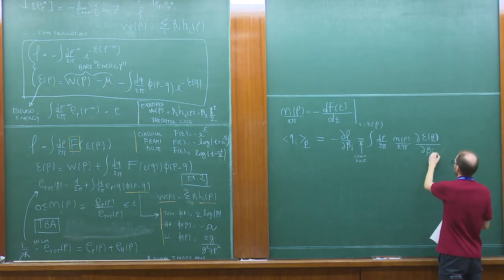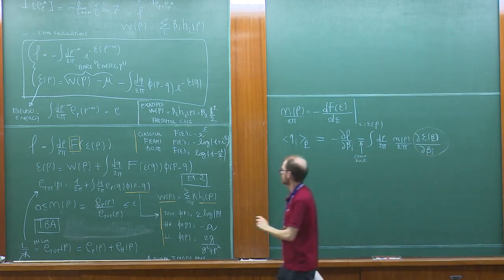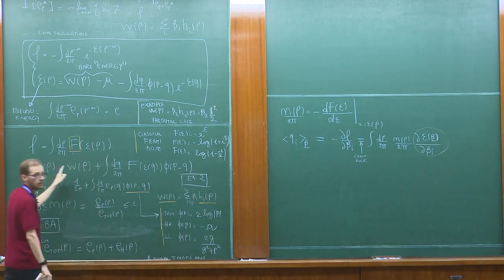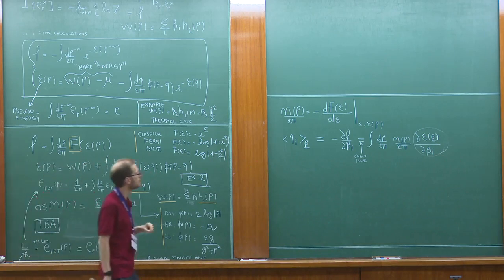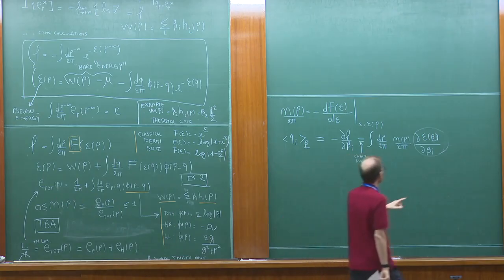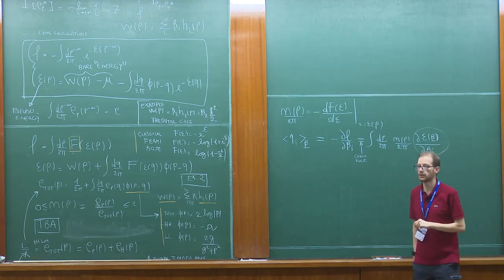Now we want to give some more expression about this one, and we can read it from here. How is Qi derived? This is the partial derivative of the pseudo energy with respect to the Lagrange multiplier.